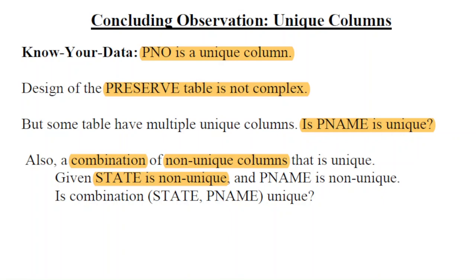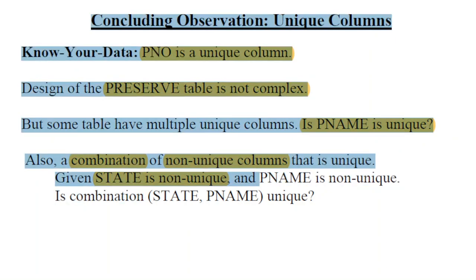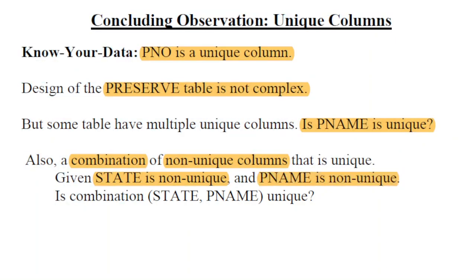And we've just said that perhaps for good reason, hopefully a Warren Buffett or Taylor Swift come along and give us some money for two preserves, that pnames are not unique. But is the combination of state and pname column unique?